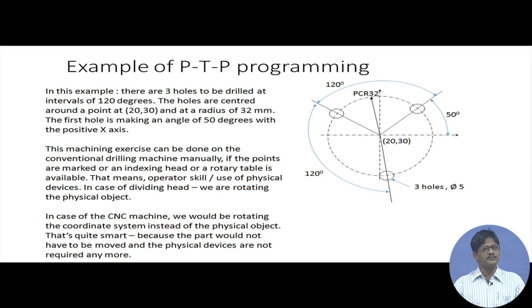So, an indexing head can be used, or you can even mark it out and then drill these holes, or you can use a rotary table, etc. That means either a skilled operator, or you can use physical devices. Rotating physical devices, an indexing head or a rotary table, can be used.